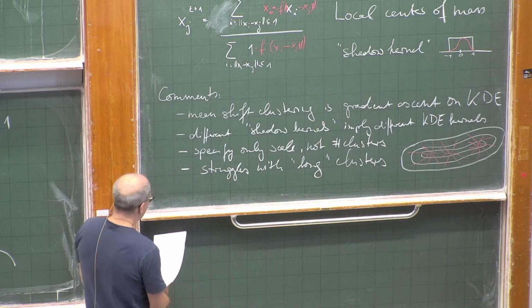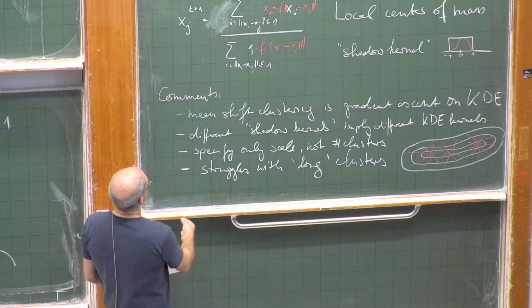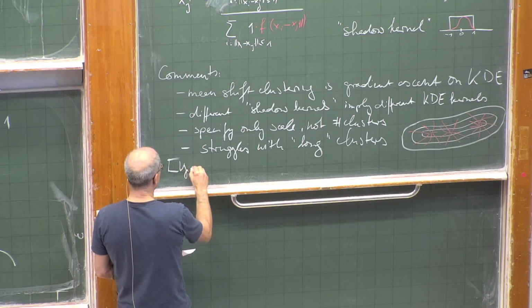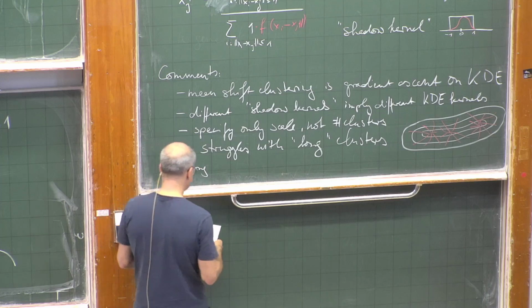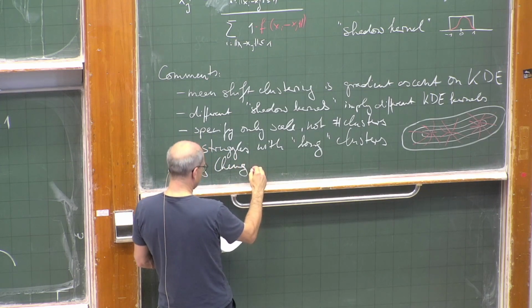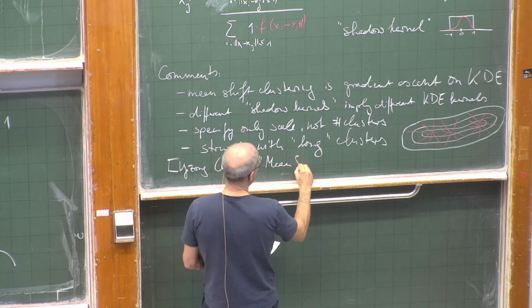But overall I find this to be an elegant algorithm, and this is described in a single author paper by Yizong Cheng, which has something mean shift in the title.